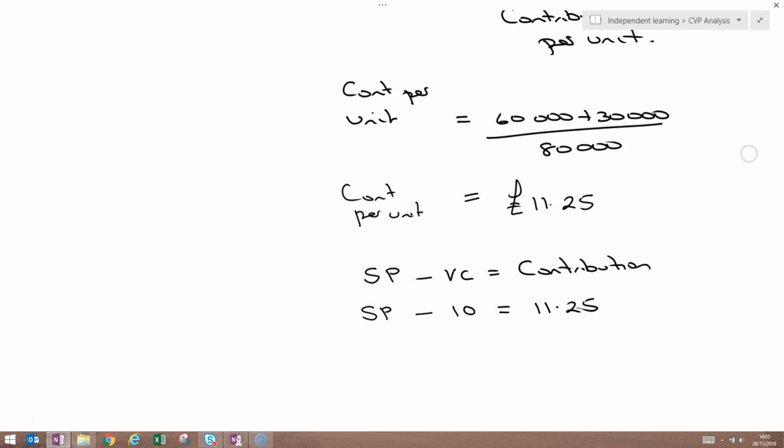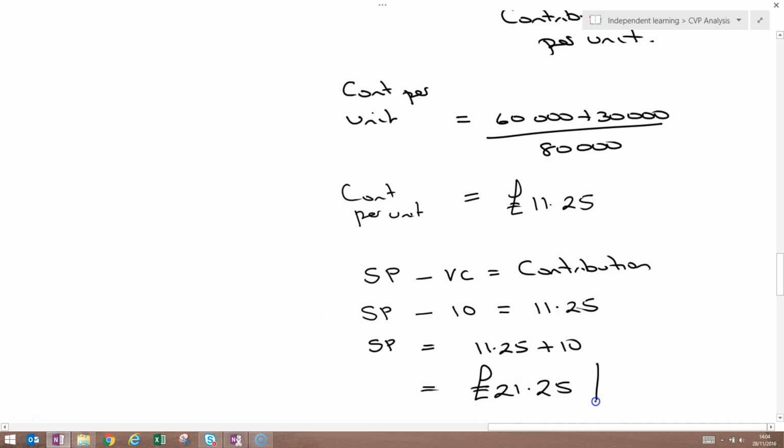So therefore, the selling price is equal to £11.25 plus 10 gives us £21.25 per ticket. So an alternative method of arriving at the same answer. Either method perfectly acceptable and either method perfectly correct. So whichever you prefer.